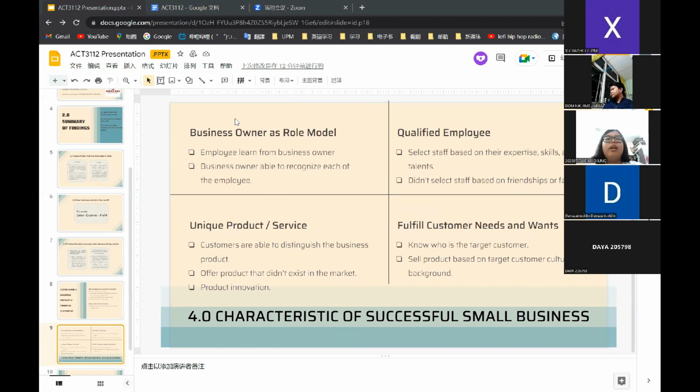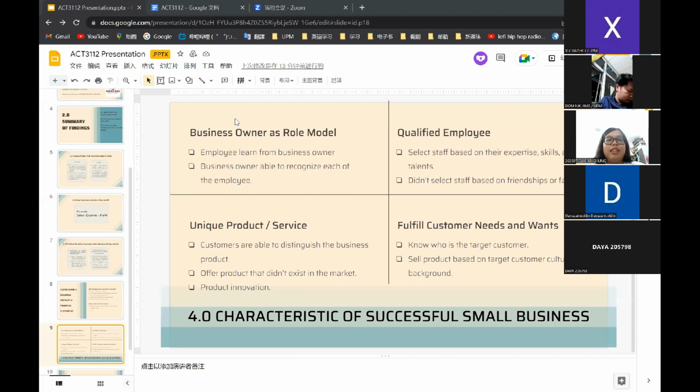For example, an owner should be able to come first and go last, so that staff can learn from the owner and act likewise. Besides, an owner should recognize the name of each employee to show that the owner respects the employees as well.